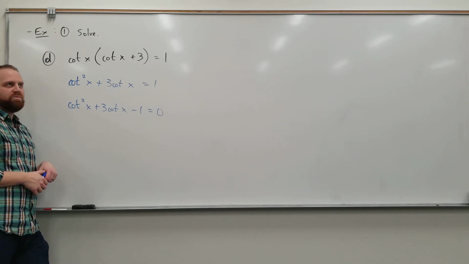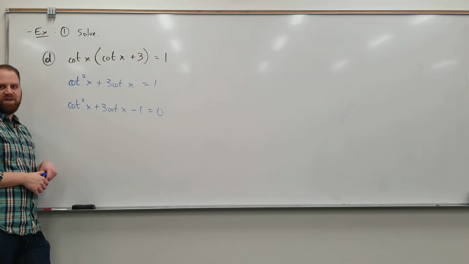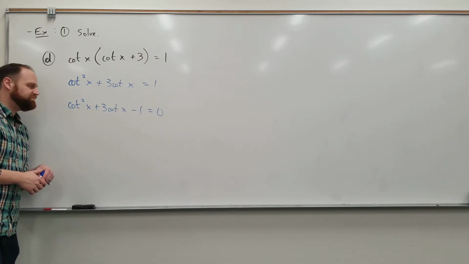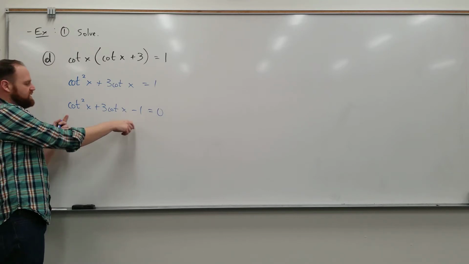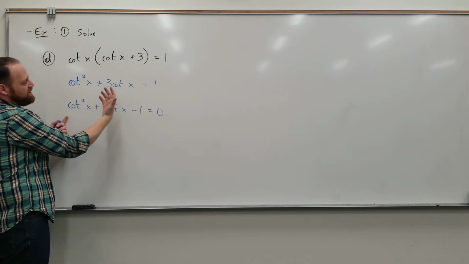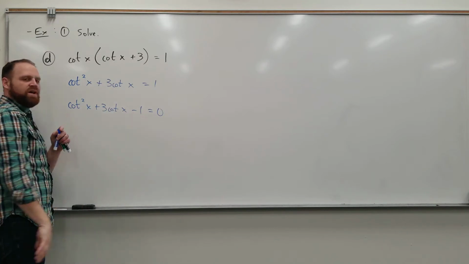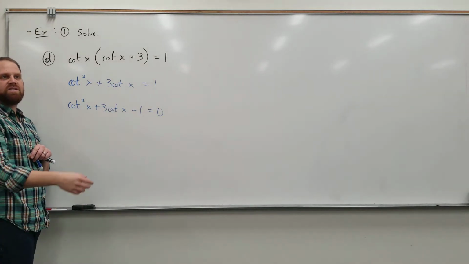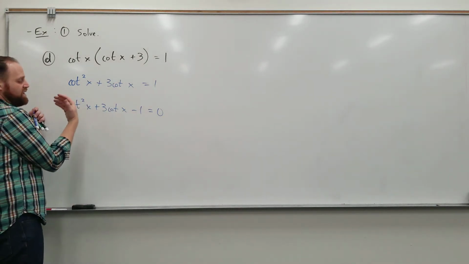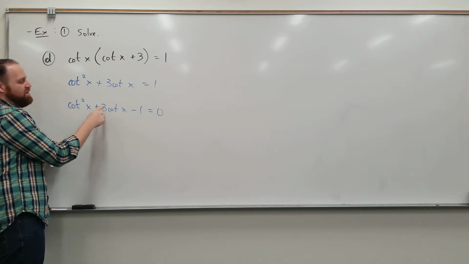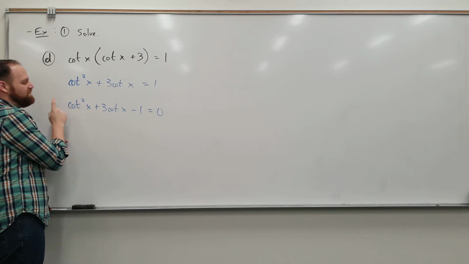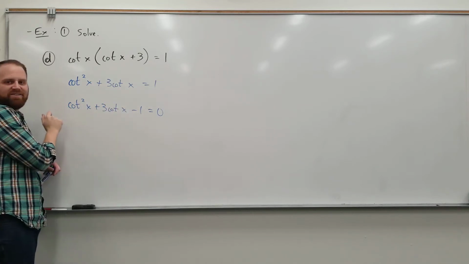The other option would be to use the quadratic formula on it, right? So you think about this equation, it's quadratic in form. This is like u squared plus 3u minus 1 equals 0. So then you can use the quadratic formula. You can say, so then u equals -b plus or minus the square root of b squared minus 4 times a times c over 2a, right?